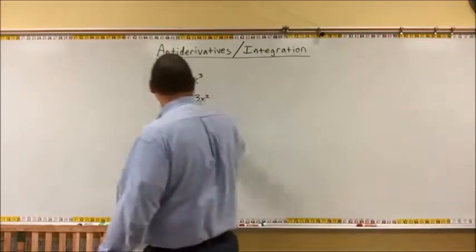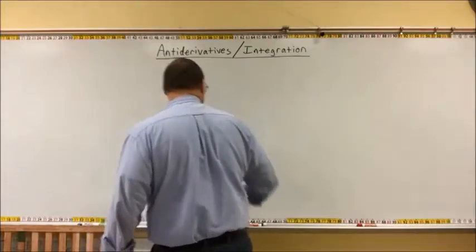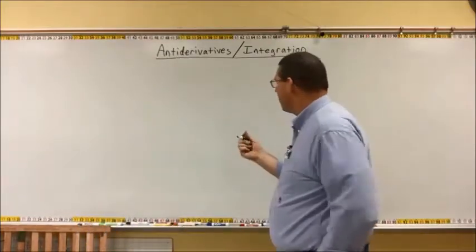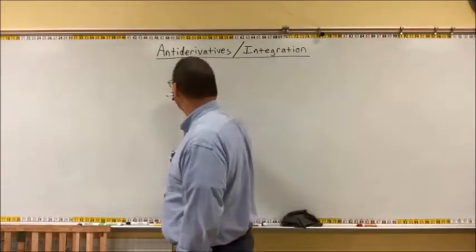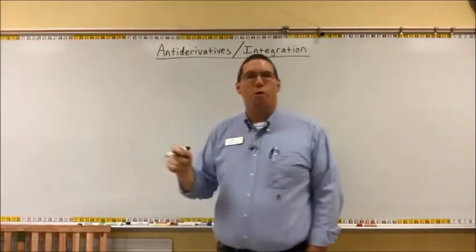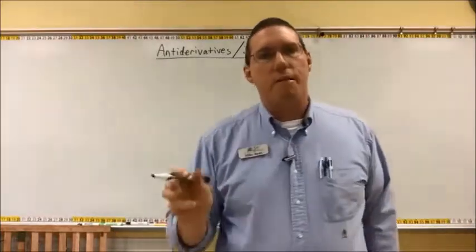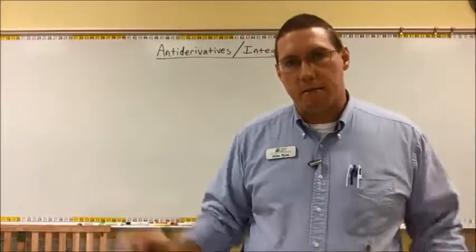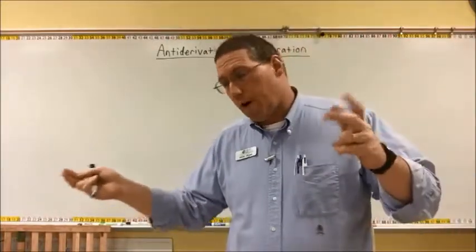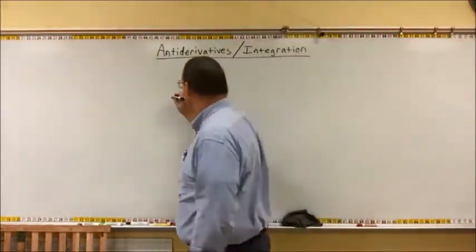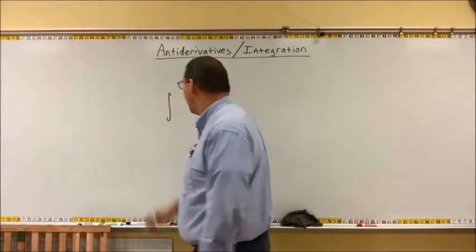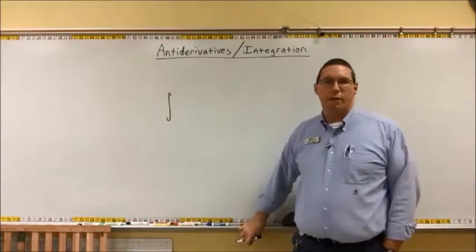First, I want to show you the symbol that we're going to use when doing integration. The way that you know whether you are going to be integrating something is there's a special symbol that means integrate this expression. It looks like this. It's sort of an elongated S. That is the integration symbol.